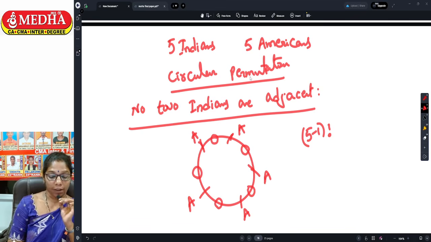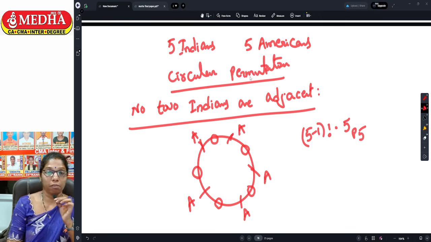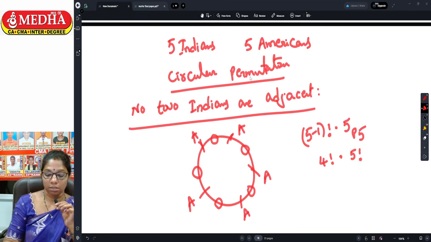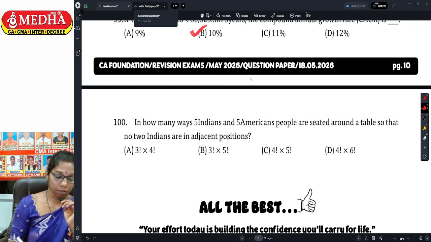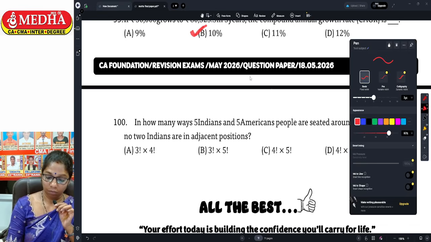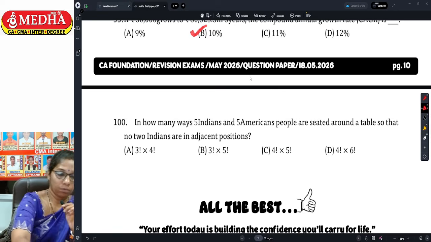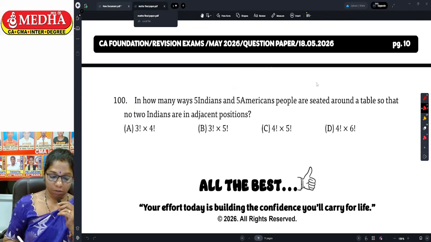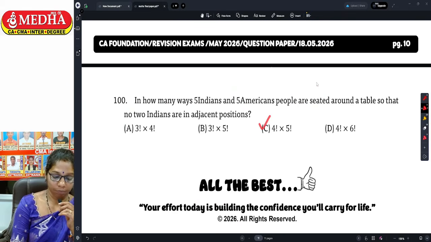In these 5 gaps we have to permute the 5 Indians. So the second operation is 5P5, permuting 5 out of 5 gaps. So 4 factorial into 5 factorial. This is the solution: 4 factorial into 5 factorial. That is option C. Option C is the right one.